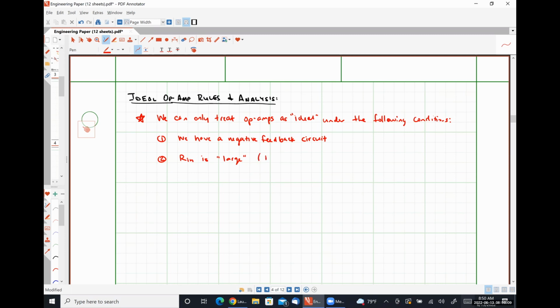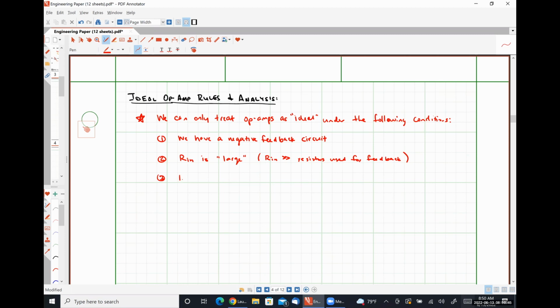So typically we would say that R in is much, much greater than any of our feedback resistances. As long as we're using kilo-ohm size resistors for our feedback network, this is going to be guaranteed.